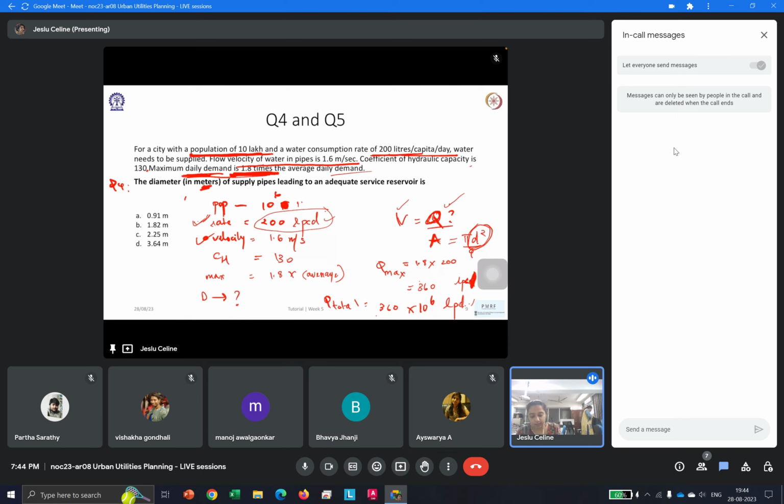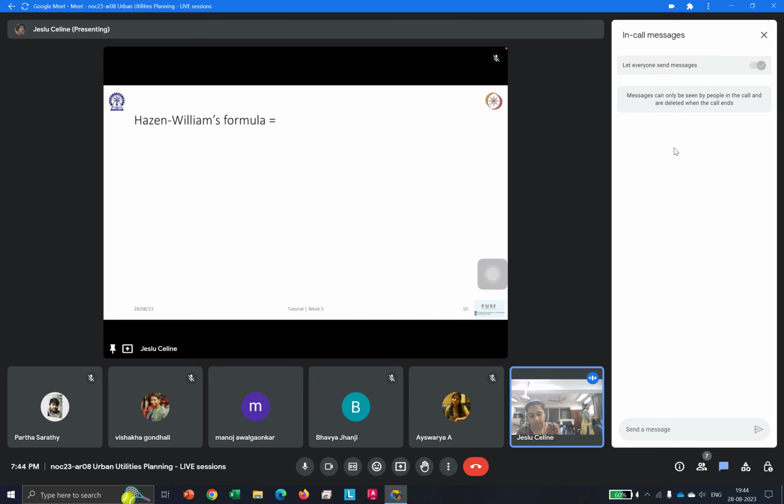So can we quickly convert 360 into 10 raised to 6 liters per day into meter cube per second?